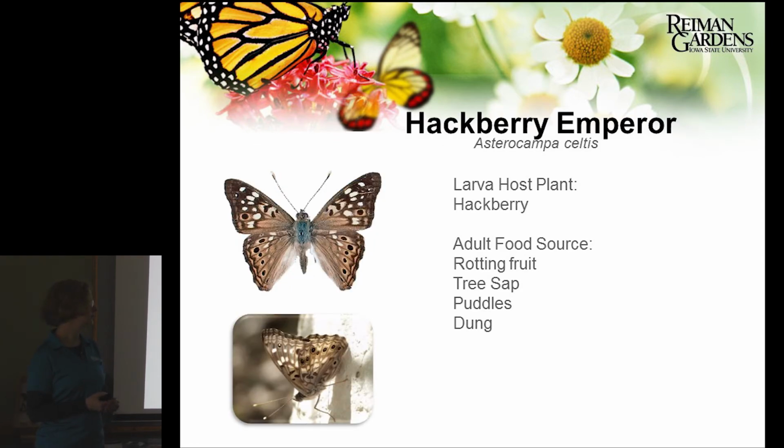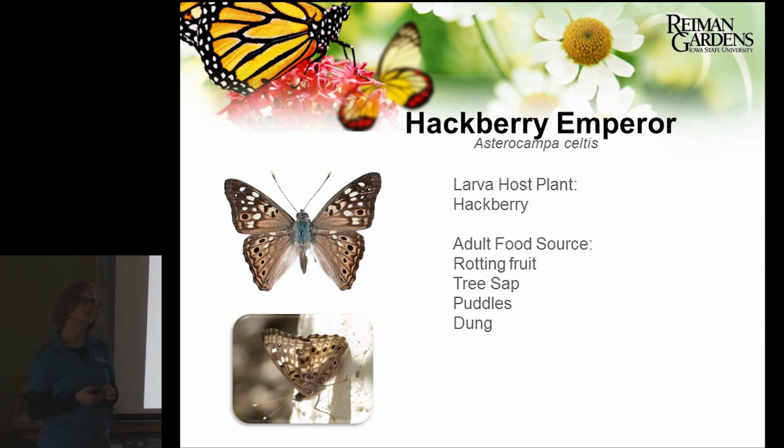Hackberry Emperor, this is a smaller butterfly. Like their name, they do use hackberry trees as a host. These are similar to red admirals in that they like to stake out little territories and defend those territories. So just like this one, you'll often see them sitting on the sides of trees, staking out their territory, defending it.